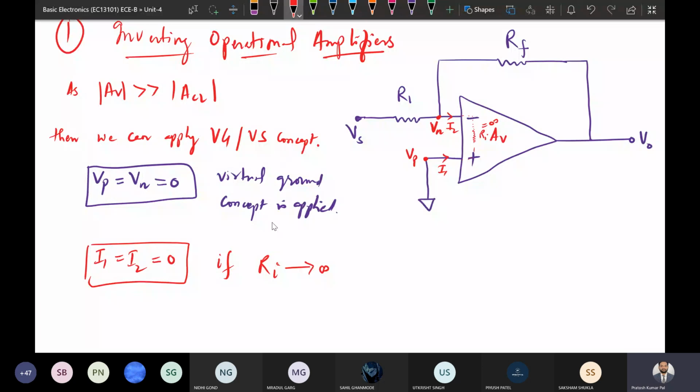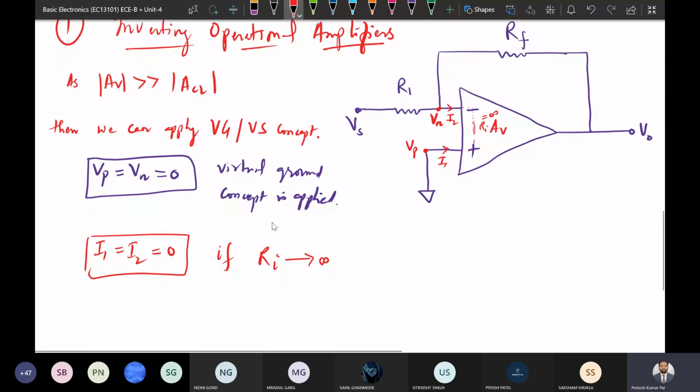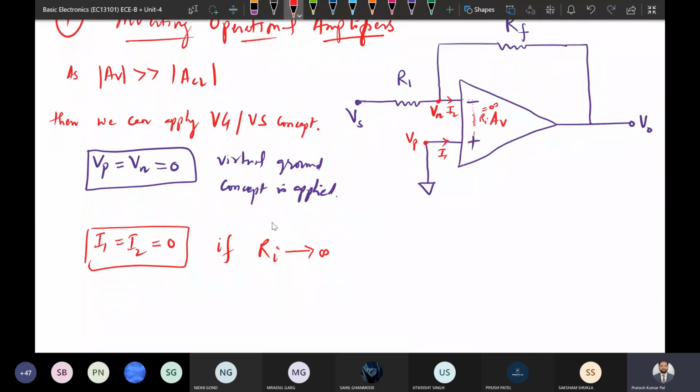Okay, so from there now we need to analyze the circuit. Suppose the initial current is I and the current in this RF resistance is IF. At this node Vn we can use the KCL.